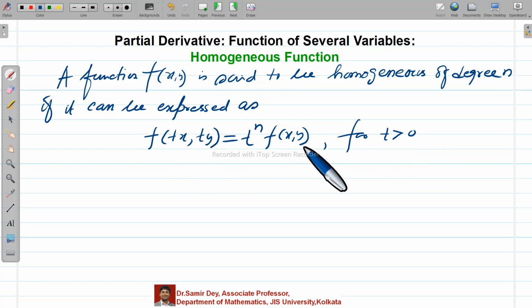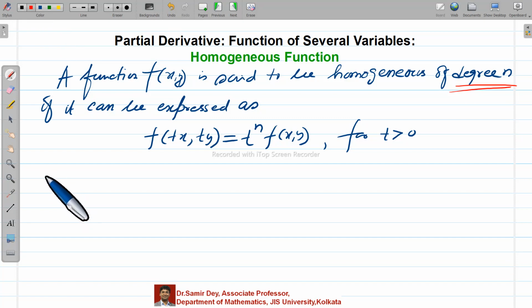So this is the formula. If any function can be expressed into this form, then f(x,y) is called a homogeneous function of degree n. So this is the definition.